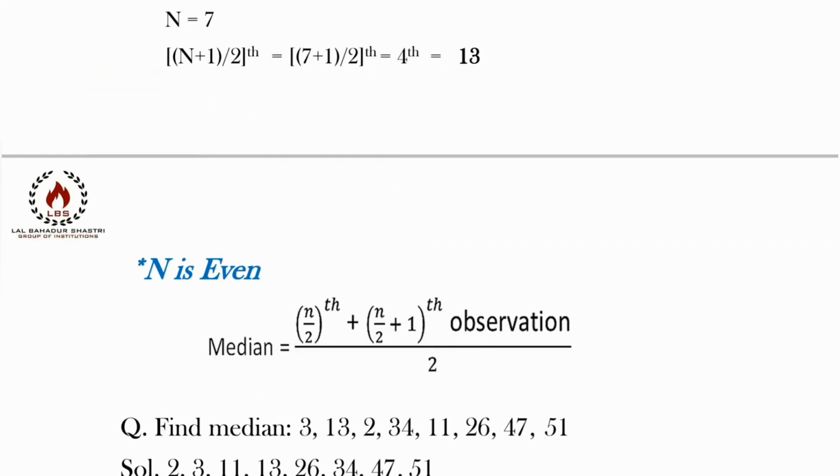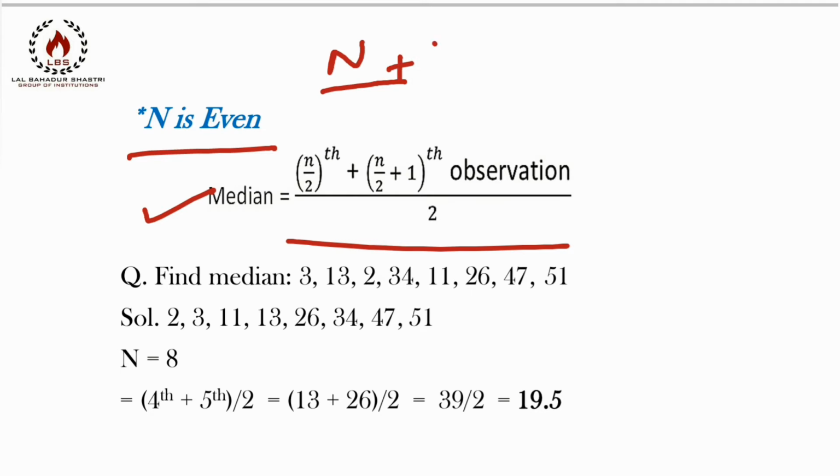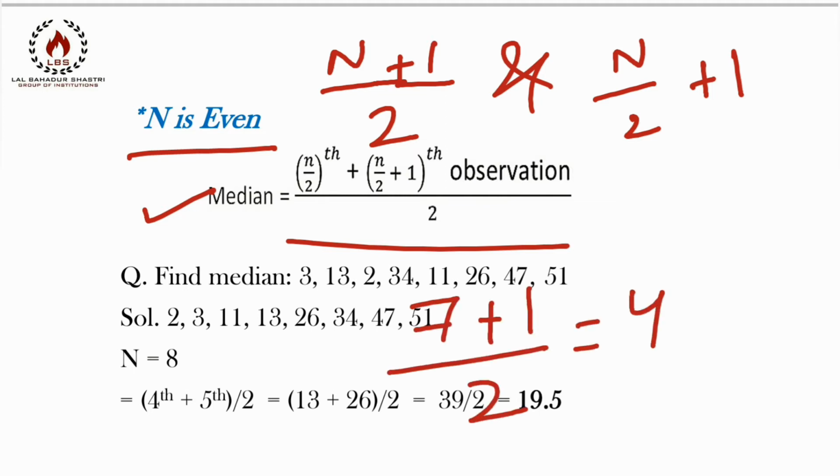Now, if our n is even, if the number of observations is even, then we have to apply this formula. This looks quite big, but it is simple. The n by 2th value plus the (n by 2 plus 1)th value, divided by 2. There is a difference between (n plus 1) by 2 and n by 2 plus 1. They are different. In the last case we had 7 plus 1 by 2, which comes out to be 4.